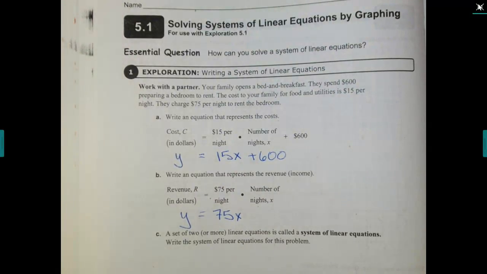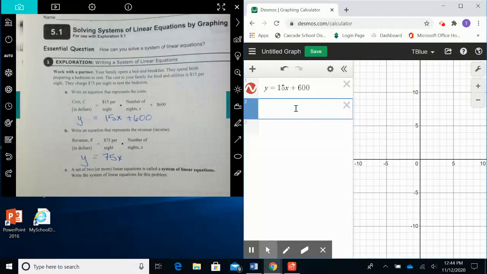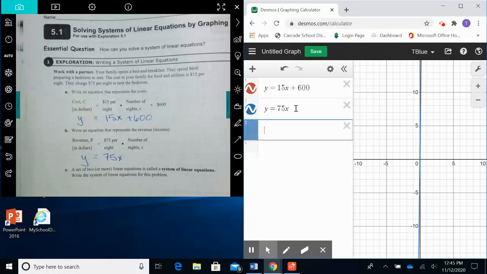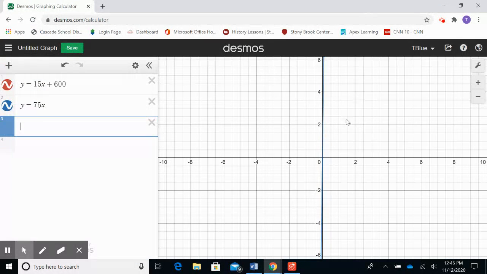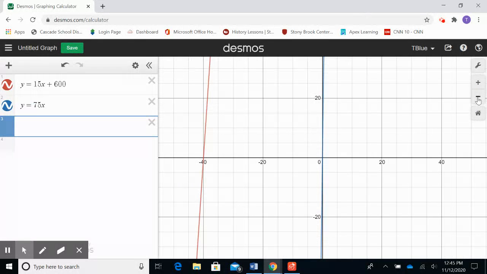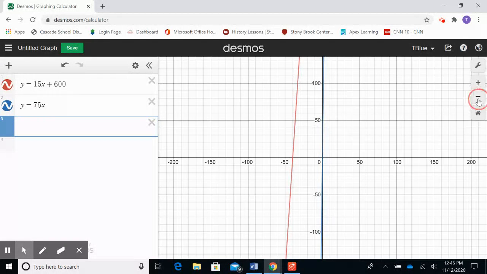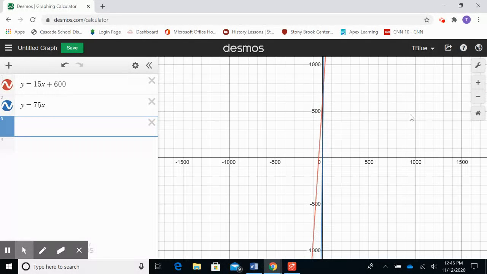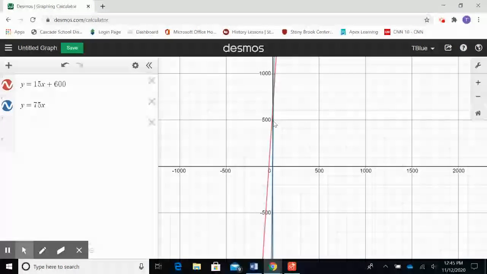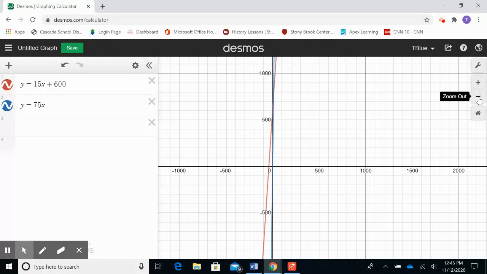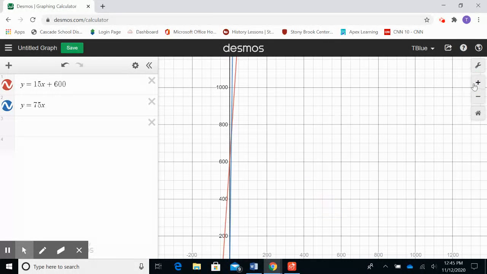Let's plug that equation into Desmos. That's going to go way up there, so we're going to have to pan way out. I have this blue line that's just hugging here, and then we have this red line. Where does it cross? Let's get in a little bit tighter.